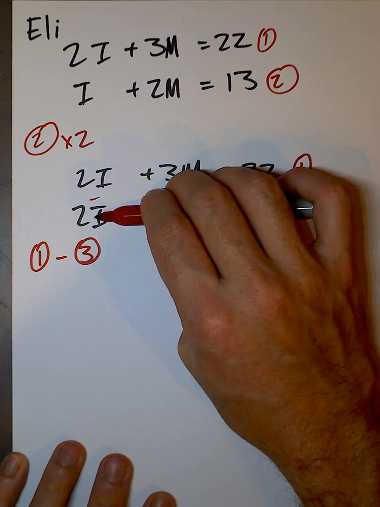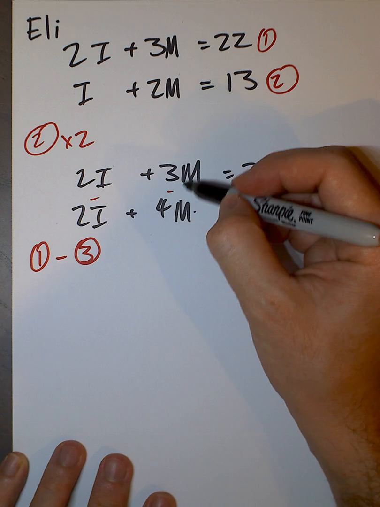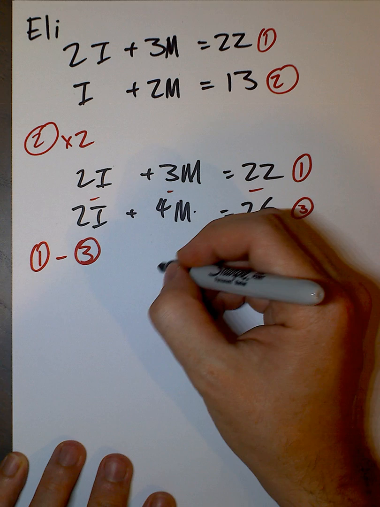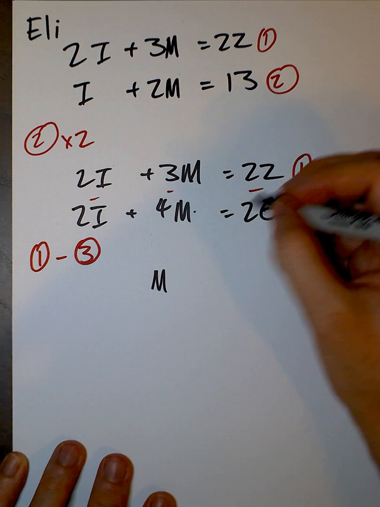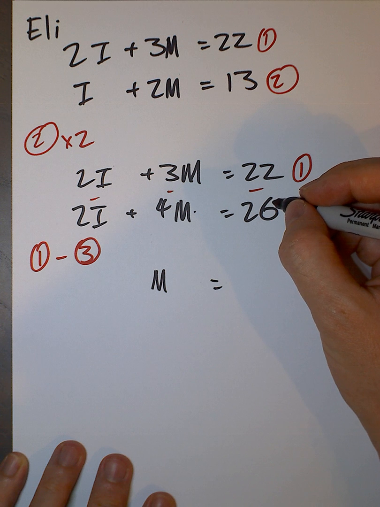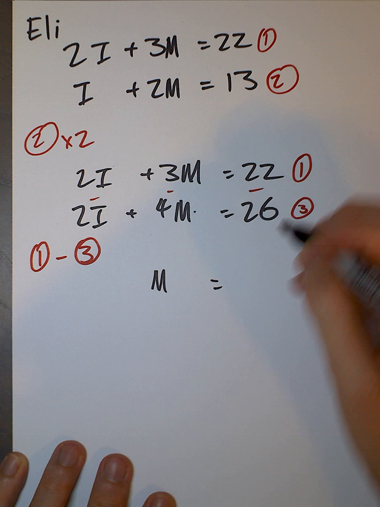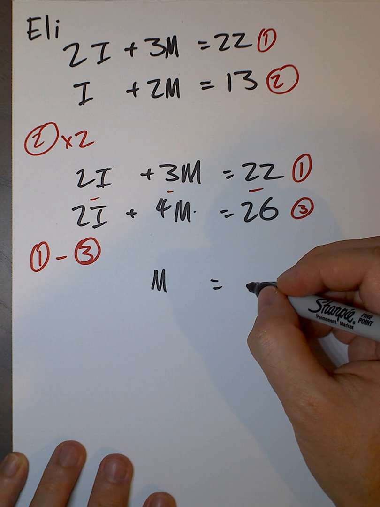So 2 take away 2 is going to give me 0i, which is just nothing. 3 take away 4 is going to give me m, and 22, is that correct? Yes, that's correct. 22 minus 26 gives me negative 4.